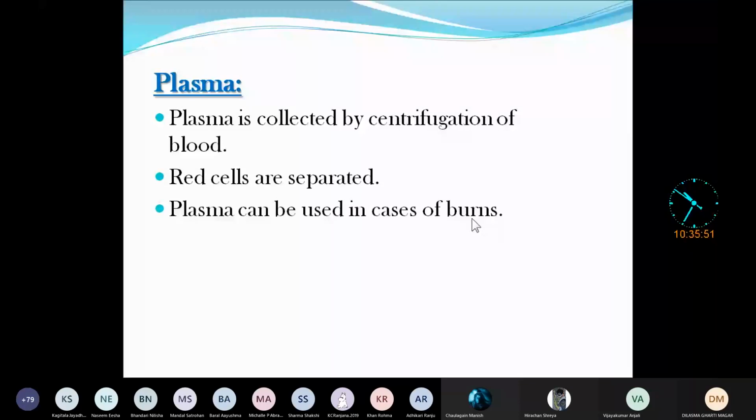There can be superficial burns and deep burns. From those patients, a lot of plasma and albumin will be lost from their body. So the plasma can be used mainly in cases of burns, and in other cases also we will give it, but it is usually more asked for from the burn department or ward.